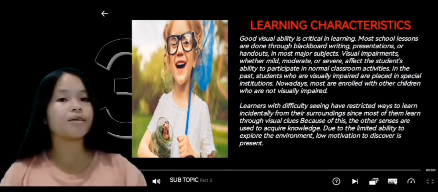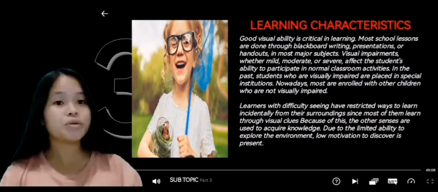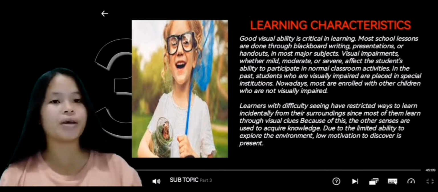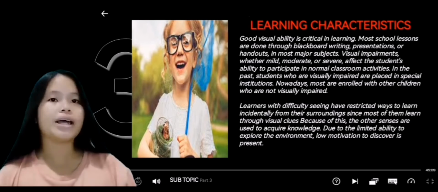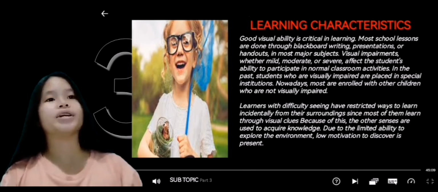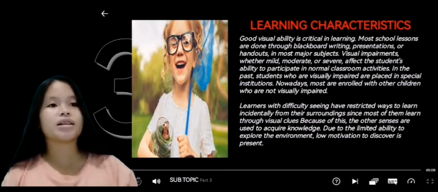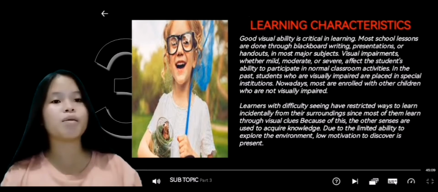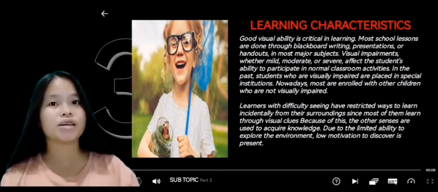Some students who have a visual impairment use eyeglasses for them to be able to see clearly and to cope with learning. In an educational setting, there is no question that being able to concentrate is key to succeeding in school.